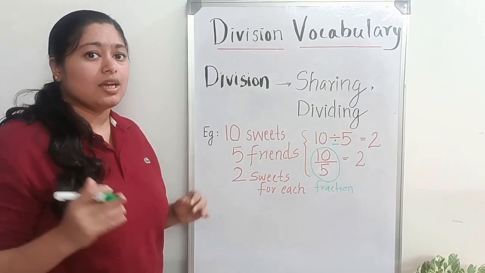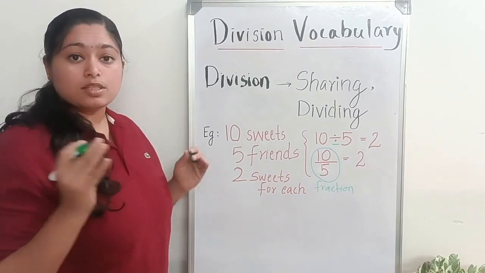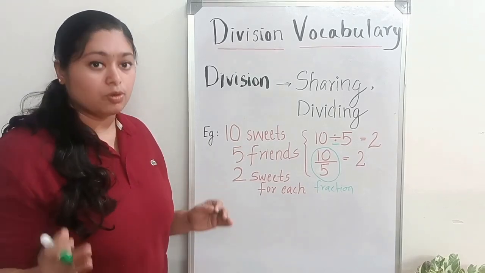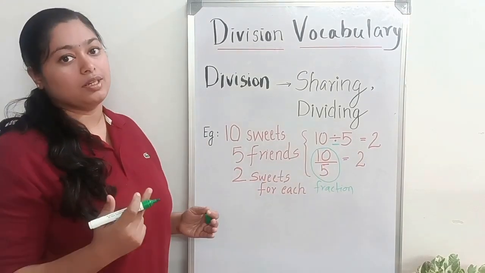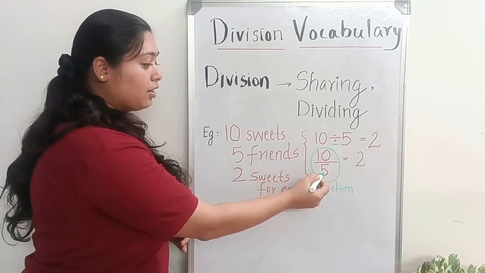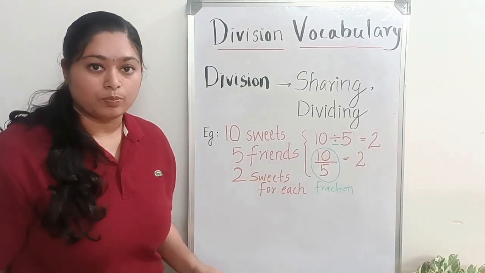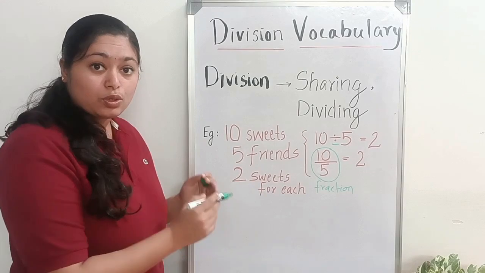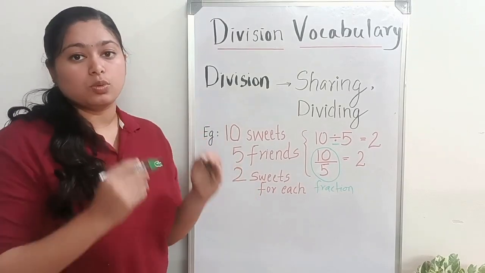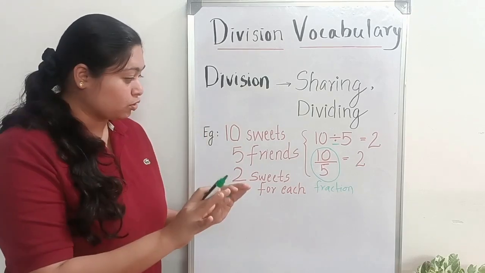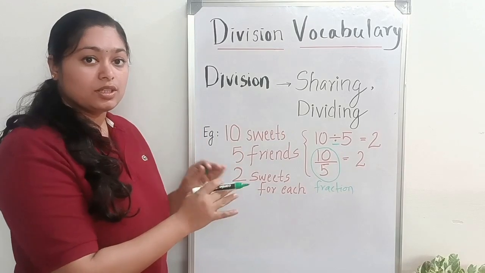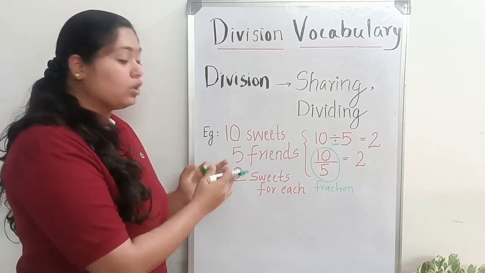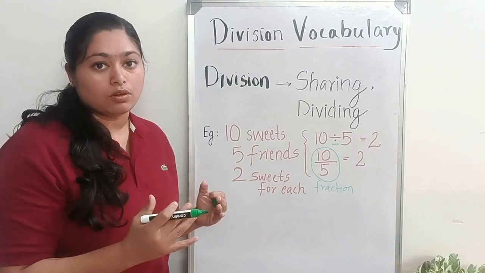Yeah, actually in a way yes. We can discuss more about fractions in another video, but right now you understand this fraction also means dividing. 10 divided by 5 is equal to 2. So the answer 2 is the number of sweets each one of you will get. You want to divide the 10 sweets among your 5 friends, you will give 2 sweets to each one of them.